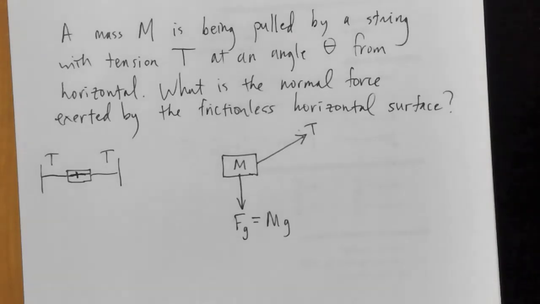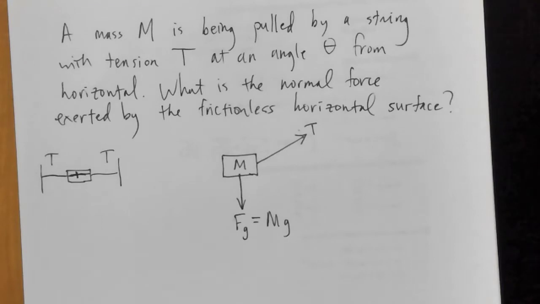So when I pull it, it's measuring the force I'm pulling on one side, but there's necessarily the same force on the other side. So I'm pulling with T this way, pulling with T that way, and the scale just measures that. Now, the scale is not measuring the net force on the object, which is 0 because it's not moving. It's measuring how much I'm pulling on the two ends. Does that make sense to everybody?